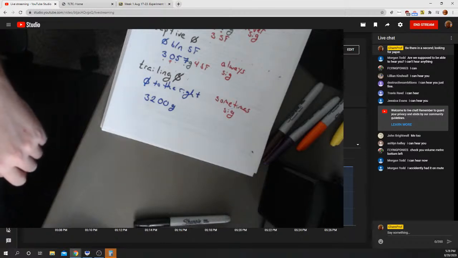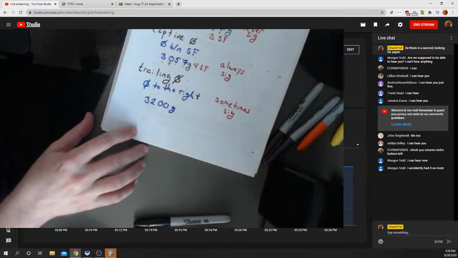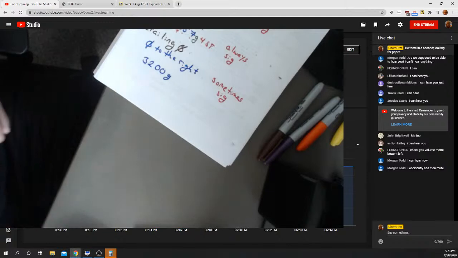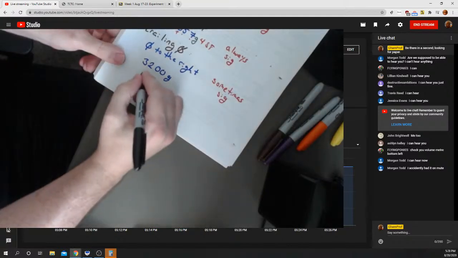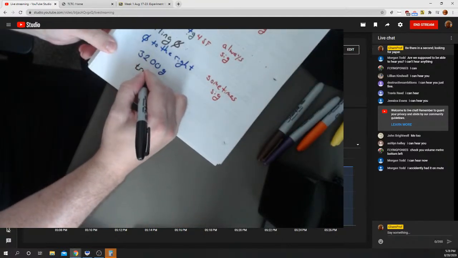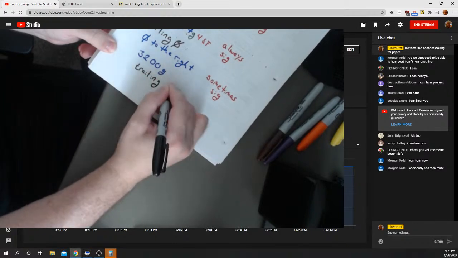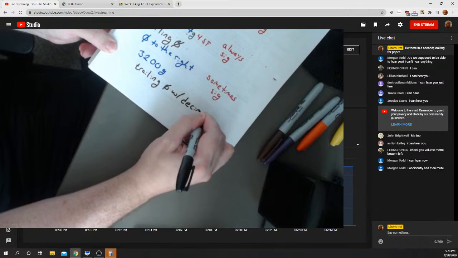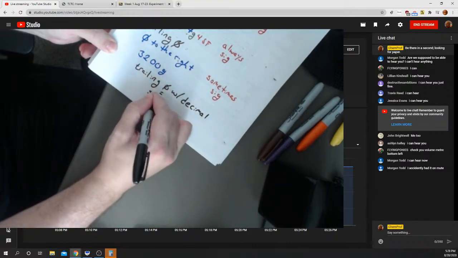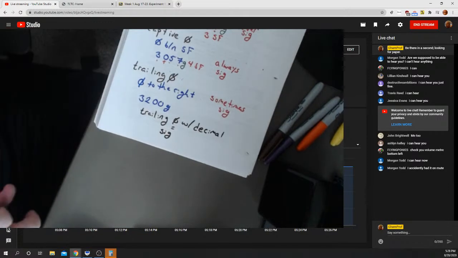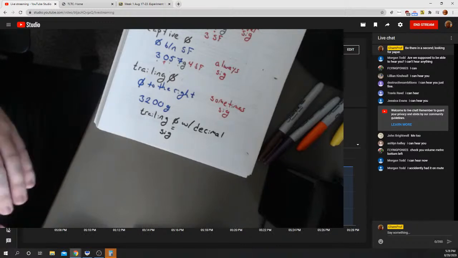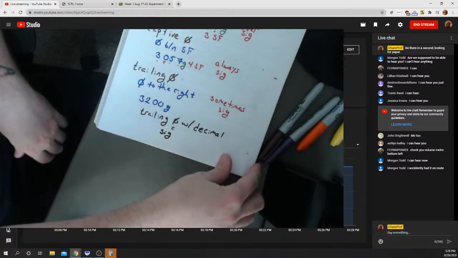The presence of a decimal is going to tell you whether or not something is significant. So a trailing zero with a decimal is going to be a significant zero. That means that it's actually part of the measurement.